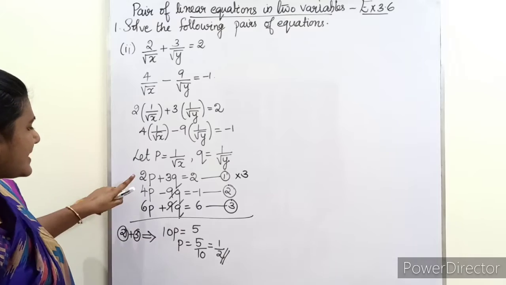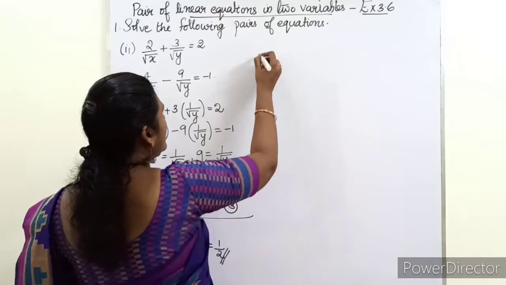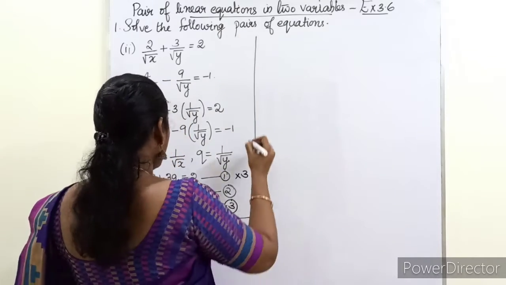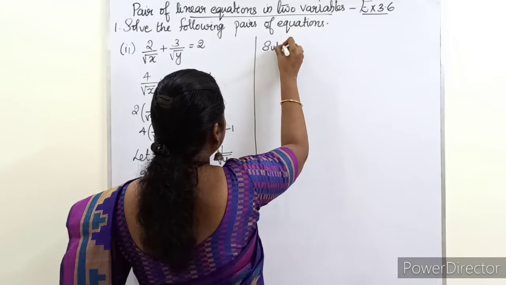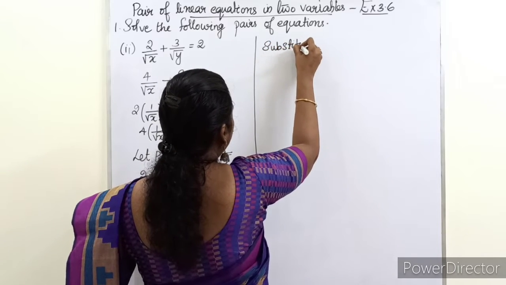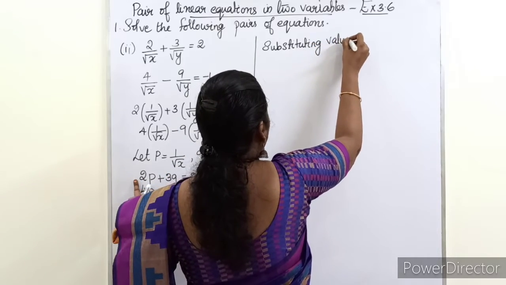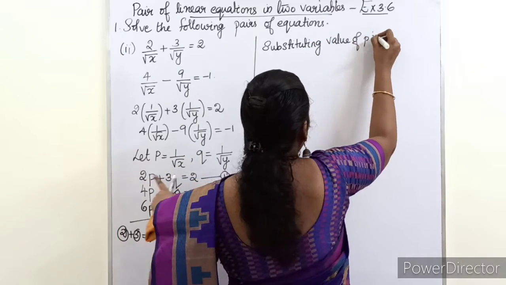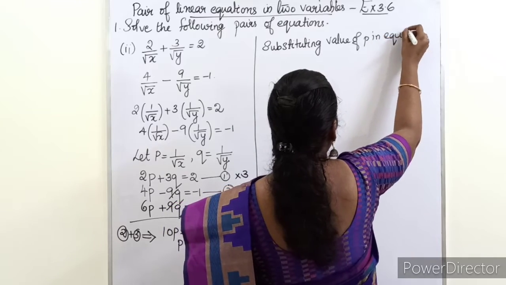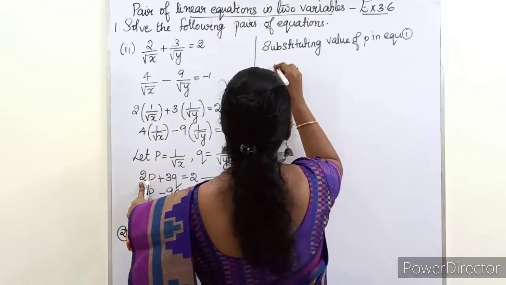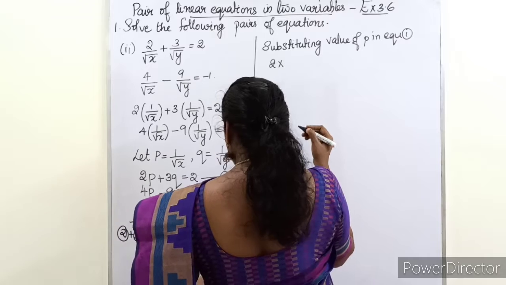This value we will substitute in the first equation. So substituting the value of p in equation 1. So here 2p, that is 2 into p value is 1 by 2.